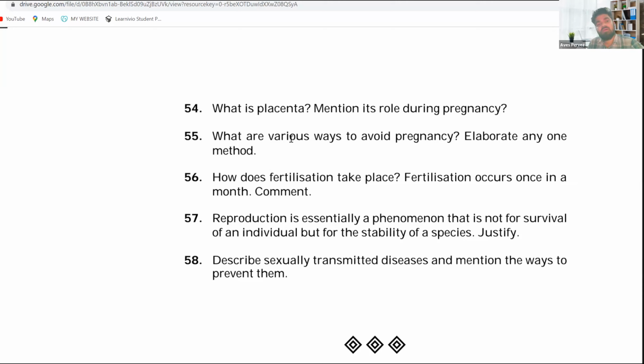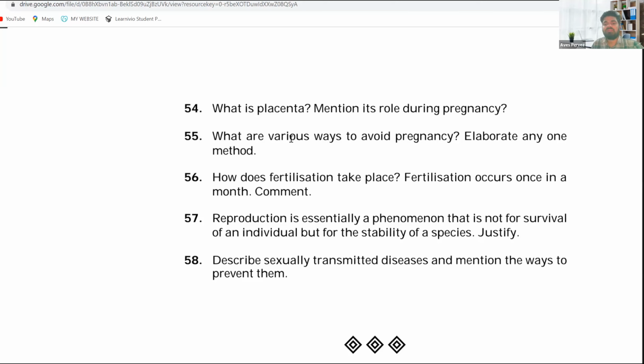Through the placenta, the embryo is supported during gestation. It helps in the exchange of respiratory gases, excretion of waste products, and transmission of food. What are the various ways to avoid pregnancy? We have written barrier methods, surgical methods, and IUDs.